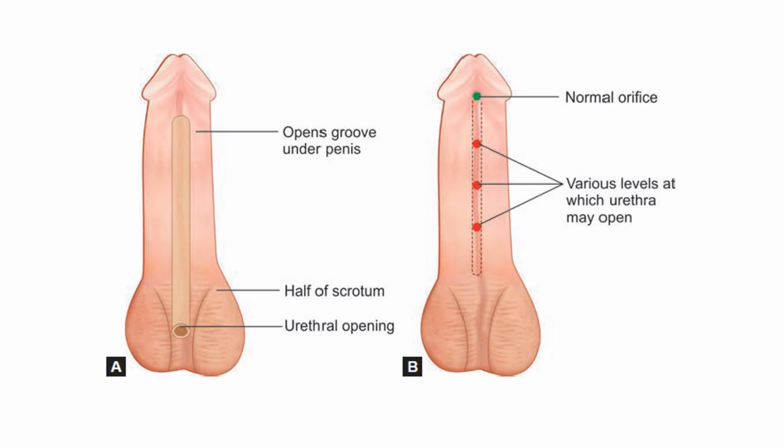When we look at the anomalies of development of male external genitalia, one of the important findings is phimosis. That means the opening of the prepuce becomes too narrow to allow retraction of the prepuce. The condition where the urethra opens at the ventral aspect of the penile shaft is known as hypospadias.